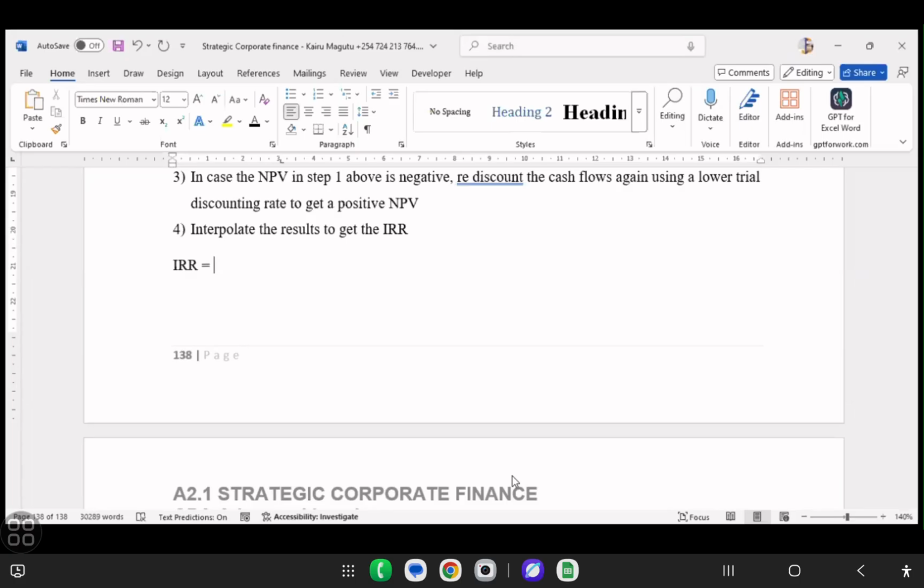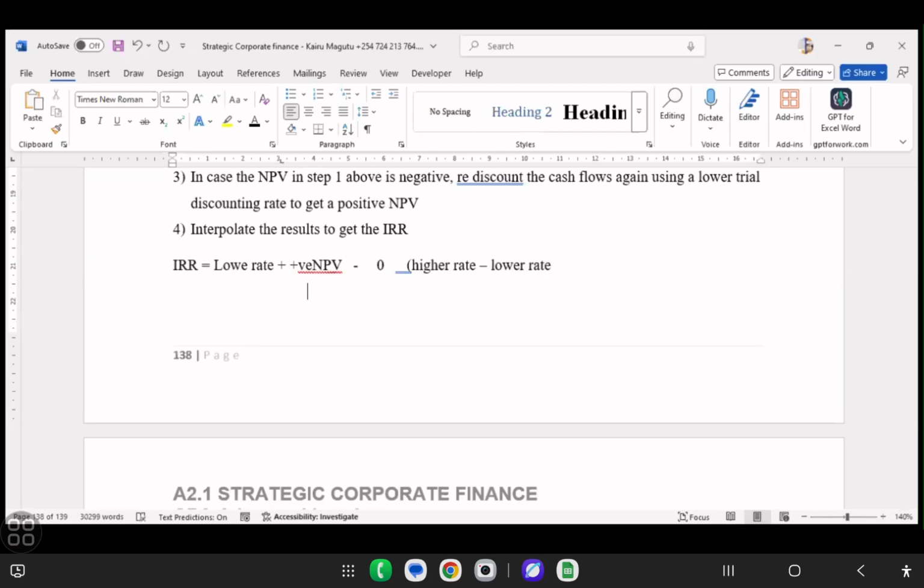Internal rate of return is equal to the lower rate, plus positive NPV minus zero, then whatever you get, we will multiply by the higher rate minus lower rate.